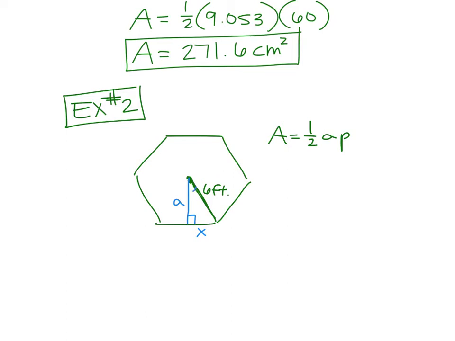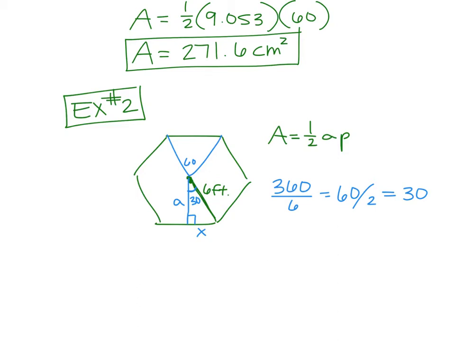But we need to start with the angle. So to find that angle, we're going to do 360 divided by what? Divided by 6 is 60 degrees. So a central angle is 60. My apothem cuts that in half. So my angle in this triangle is 30 degrees.